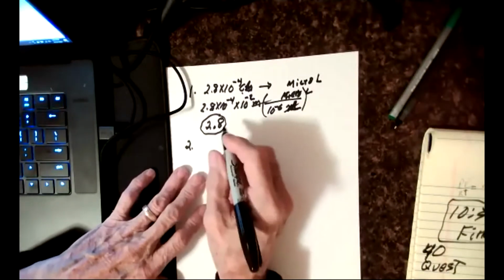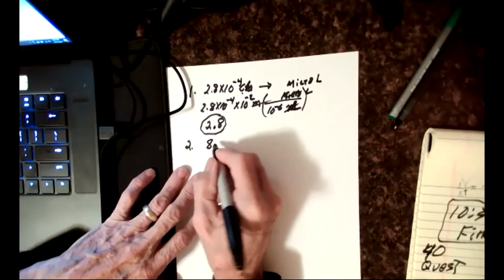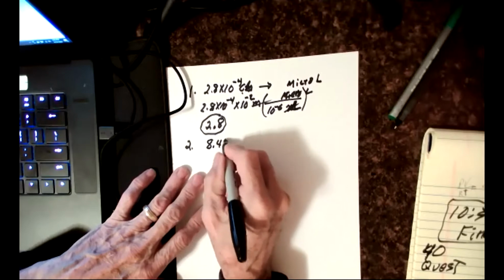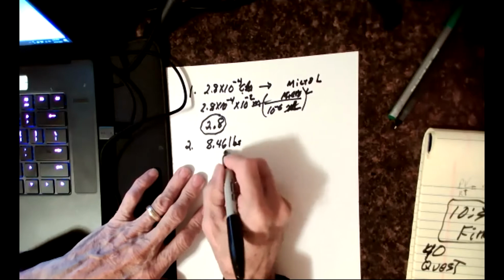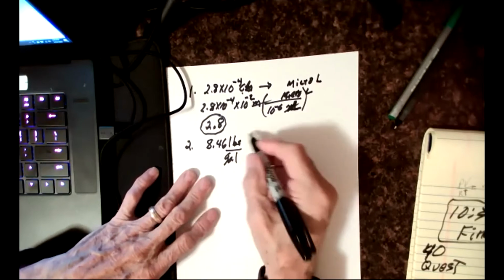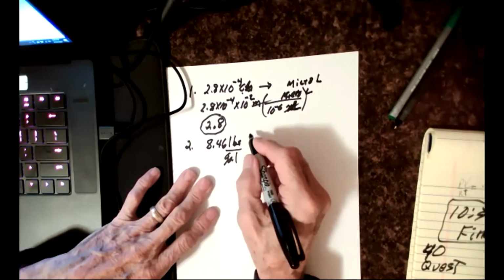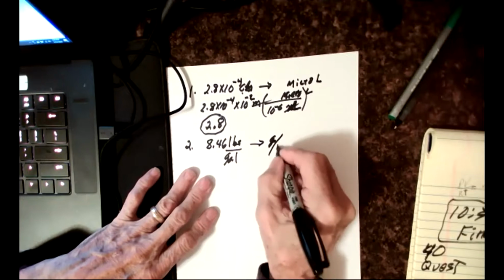Now, the second one is a more complex conversion. It's not as bad as the one we did on the review quiz. We want to go from pounds per gallon to grams per cubic centimeter.